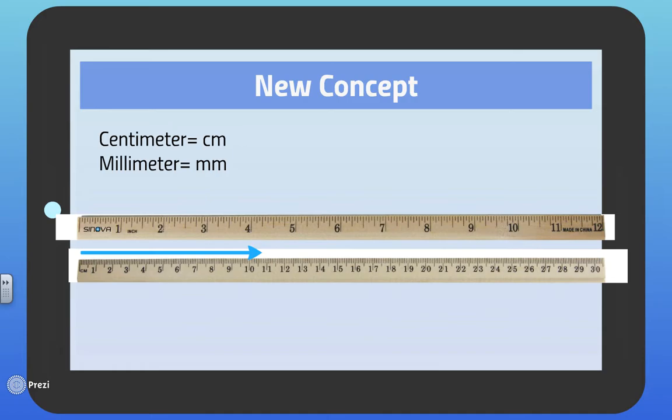So we look at meters, and a meter is about equivalent to our yard, just about, a little bit more. Okay, so in 1 meter there are 100 centimeters. Okay, and in a meter we have 1,000 millimeters.